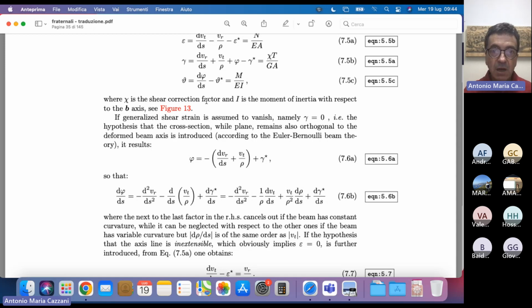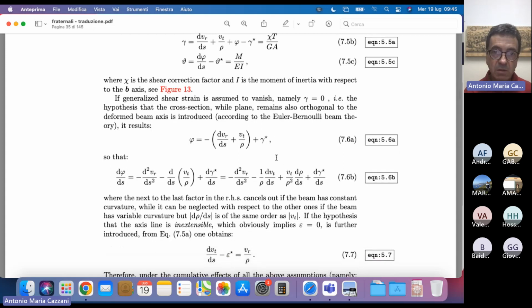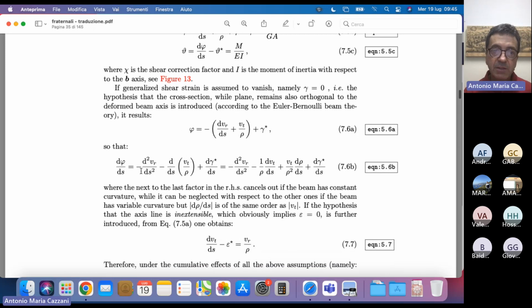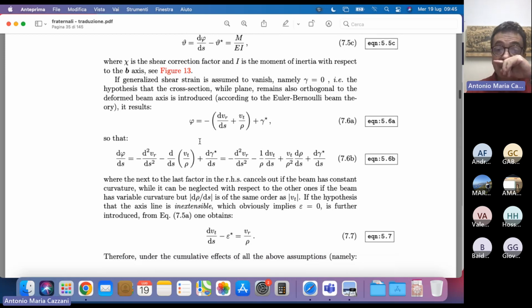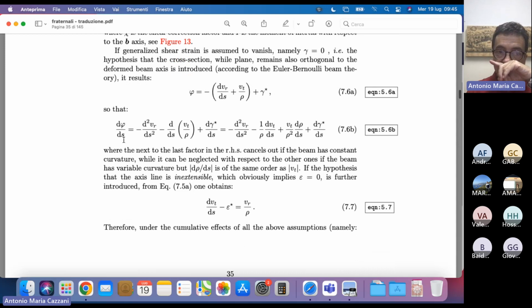And in this case, we see that there is a clear connection between the section rotation phi and the radial and the tangential displacement VR and VT. And that is the expression we get. So we could think of taking the derivative of this expression, and so we get, by taking the derivative, this expression.